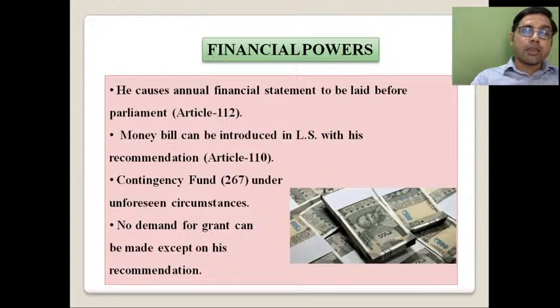So like अभी कोरोना क्राइसिस चल रहा है और हो सकता है कि गवर्नमेंट को इमीडिएटली पैसों की जरूरत पड़ जाए. So from contingency fund such advances can be made which is placed at the disposal of President when there will be no session of Parliament.